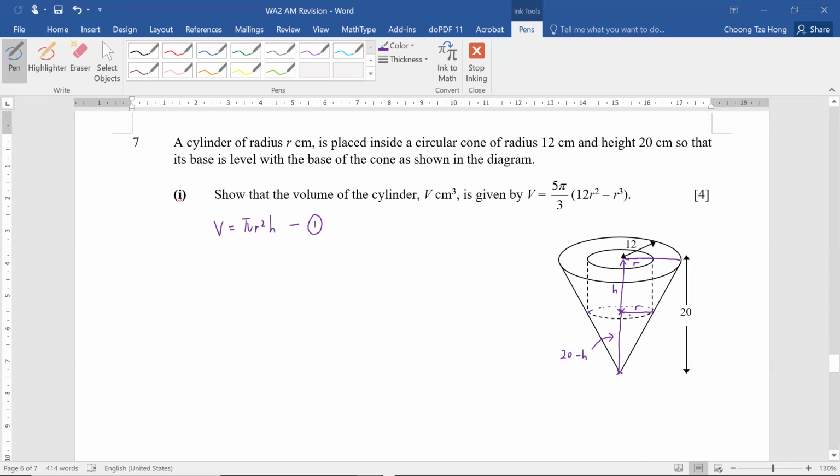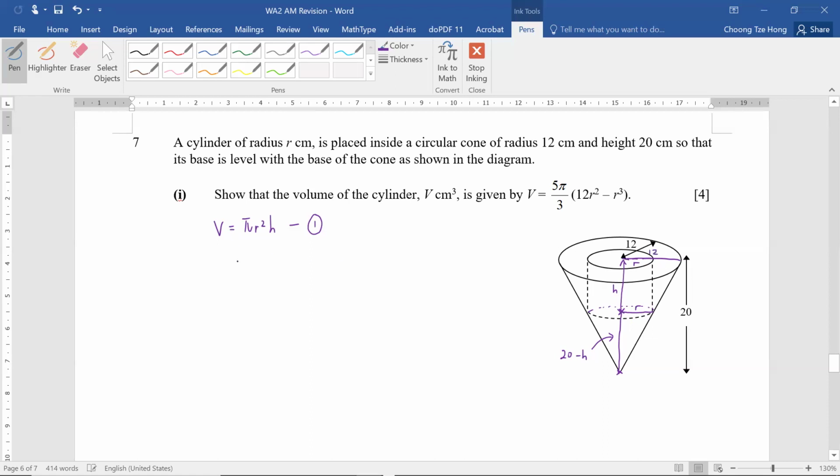Now we use the property of similar triangles that the ratio of corresponding sides are equal. This radius r corresponds to the 12 for the big triangle.